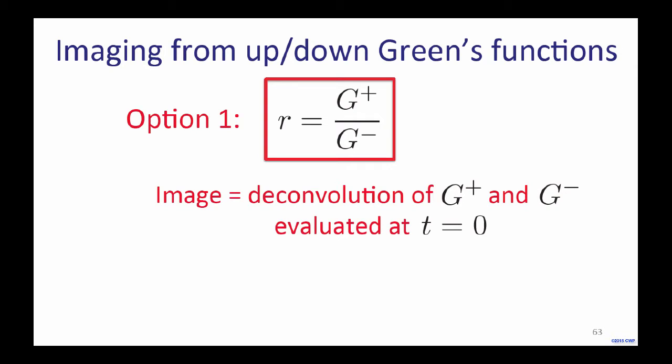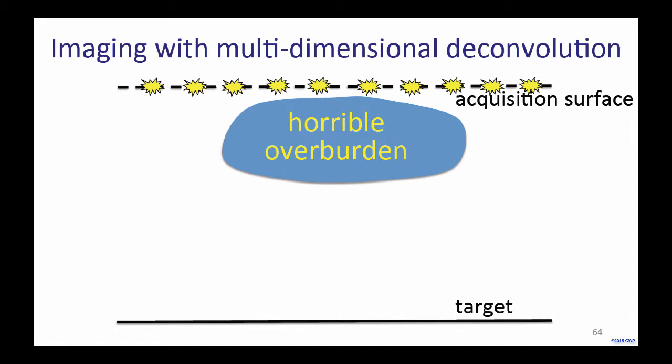To be more precise, your image is the deconvolution of the upward and the downward component of the Green's function evaluated at time t equals 0. That's one scenario.